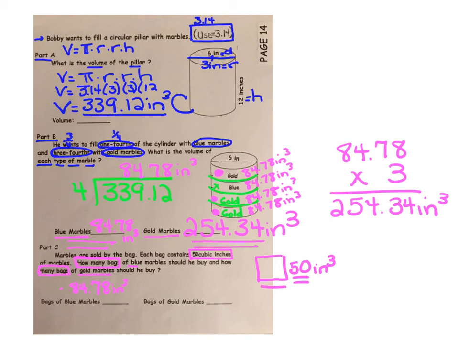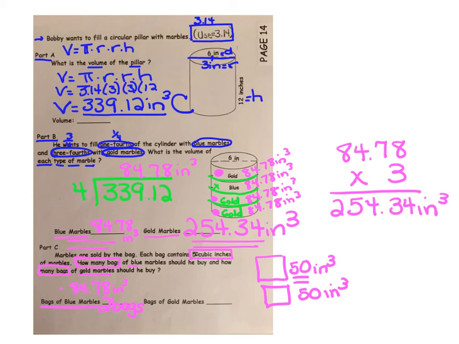But if we pick up 2 bags, we're up to 100 cubic inches. With 2 bags of blue marbles, we will certainly have enough and a little extra left over to fill the cylinder. So he needs to pick up 2 bags of marbles.